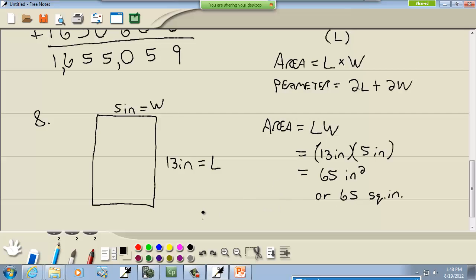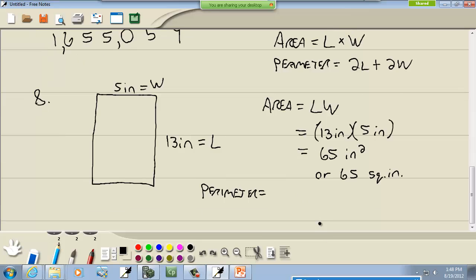Now our perimeter. I see I'm about out of space. It is equal to 2L plus 2W. Well, L we said was 13 inches. So I got 13 inches there. And W is 5 inches. 2 times 13 is 26, so we got 26 inches. 2 times 5 is 10, so we got 10 inches.